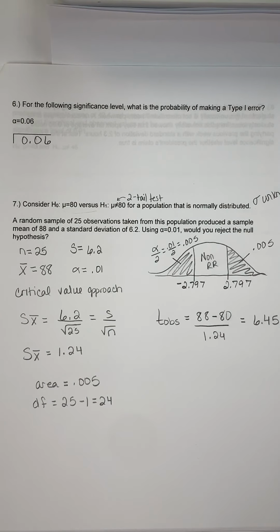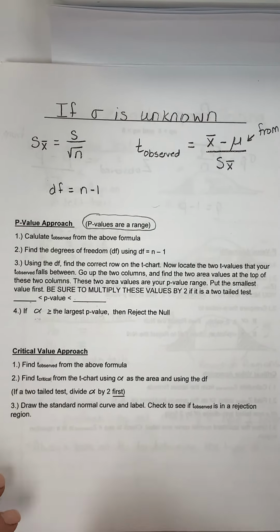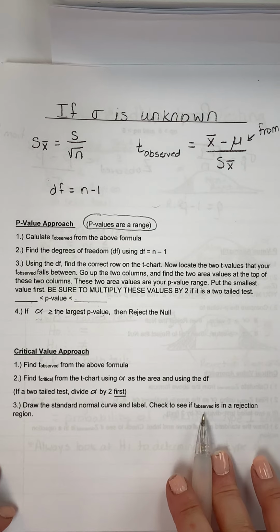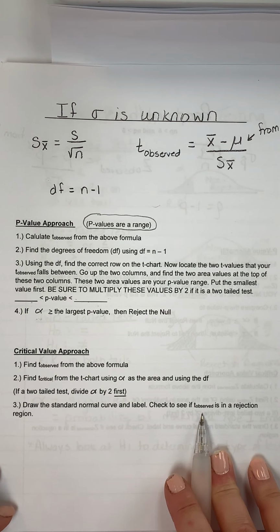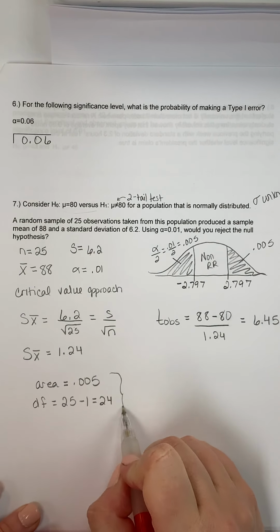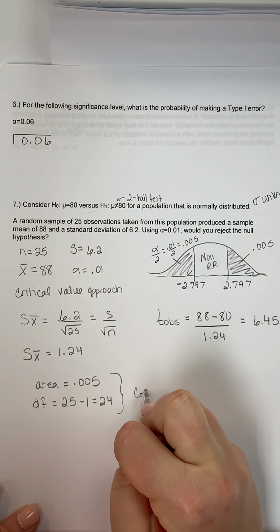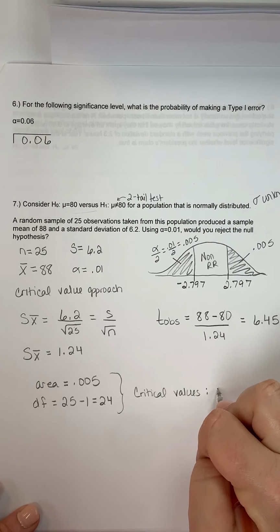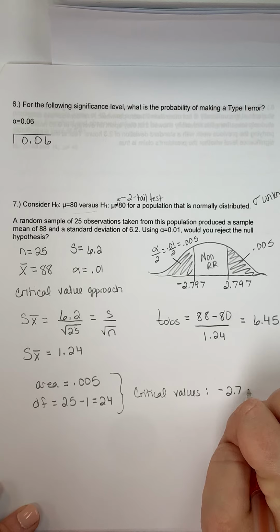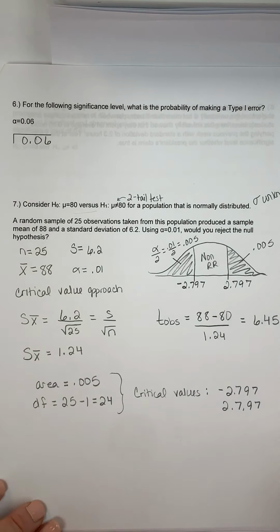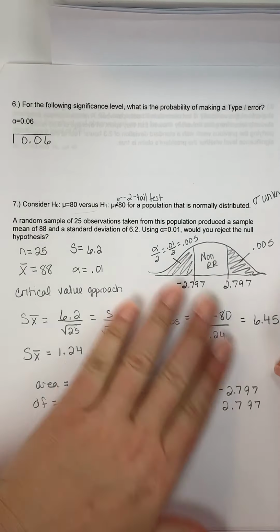Now all I have left to do is compare. I have my critical values and I have my observed value. Now I'm going to check to see if T observed is in the rejection region or the non-rejection region. So I guess I should put that I found my critical values. You don't have to do this, but I just want to make sure you have all the information. I made one negative and I kept one positive.